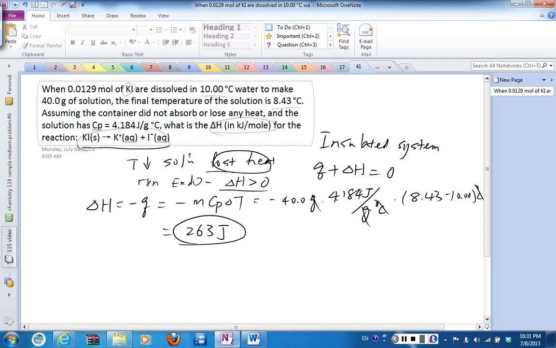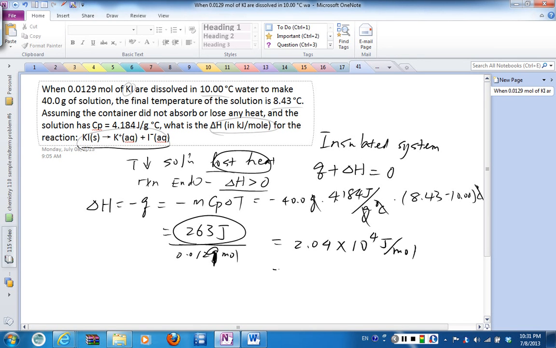Simple. You have joules, you have moles. Let's get joules per mole. 0.0129 mole. This will give us, keep this extra digit, 2.04 times 10 to the fourth power joules per mole.